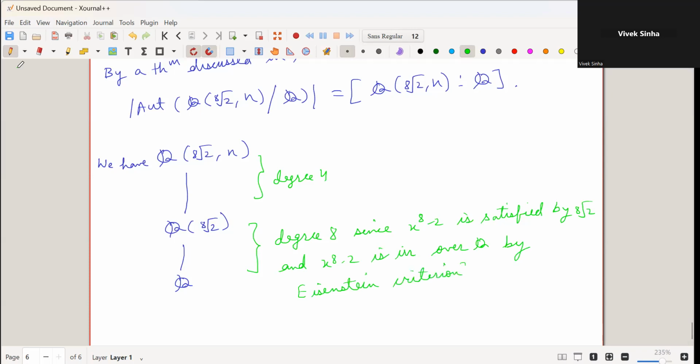Okay, so this will give you degree 8, and why does the other have degree 4?